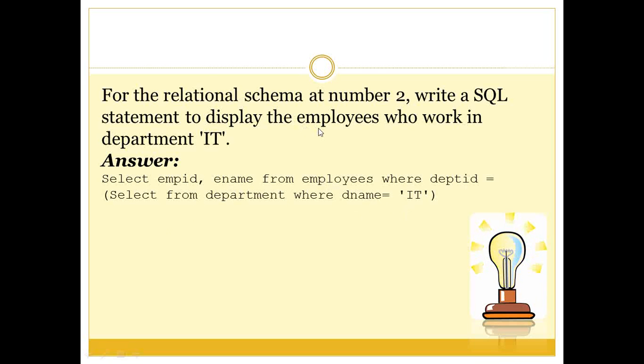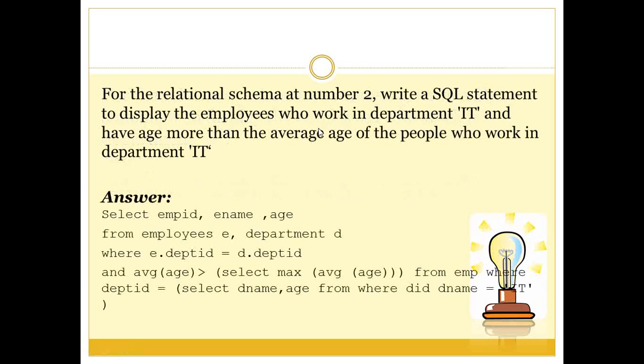Okay, and next. For the relational schema at number 2, write a SQL statement to display the employees who work in department IT and have an age more than the average age of the people who work in department IT. So we have to know the average of age.